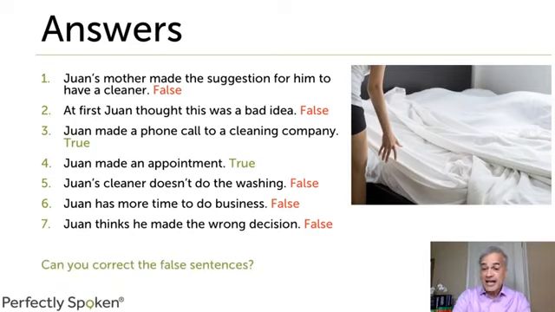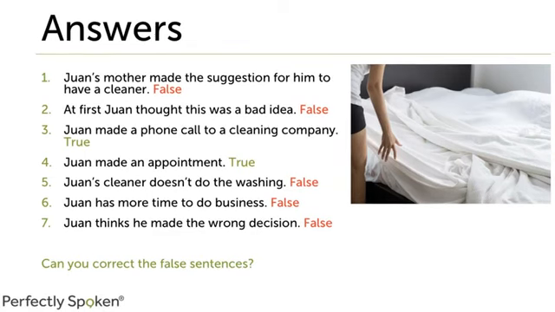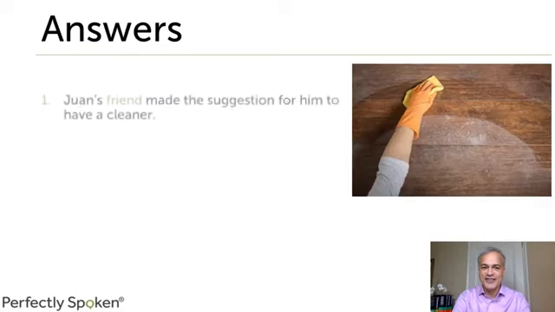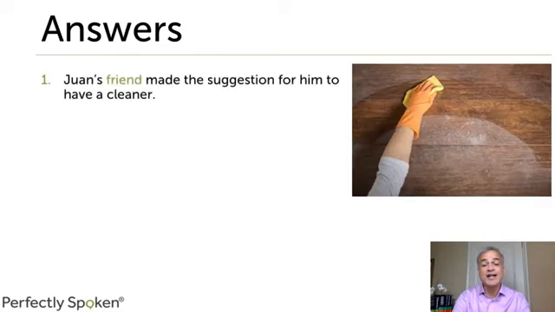So, can you correct the false sentences? Pause. Juan's mother made the suggestion for him to have a cleaner is false. The answer is: Juan's friend made the suggestion for him to have a cleaner.